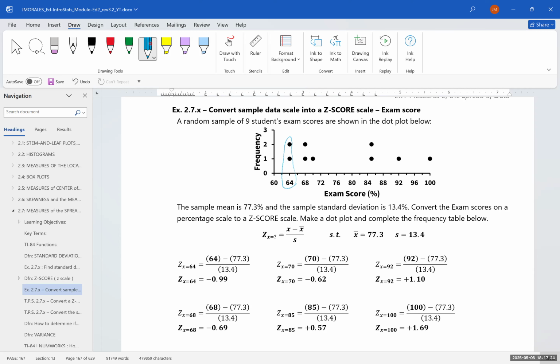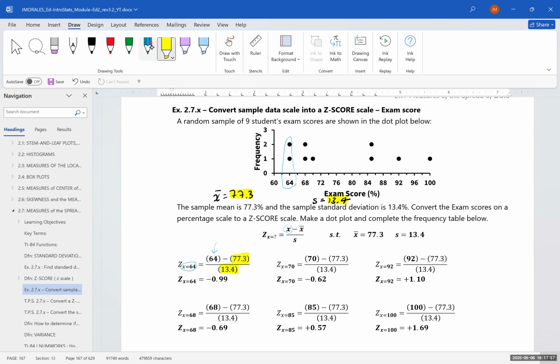So you let x equal 64, and you put 64 in place of x. And the sample mean, we were told, is 77.3, and the sample standard deviation is 13.4. So we just put 77.3 in place of x bar, and then we put 13.4 in place of s.